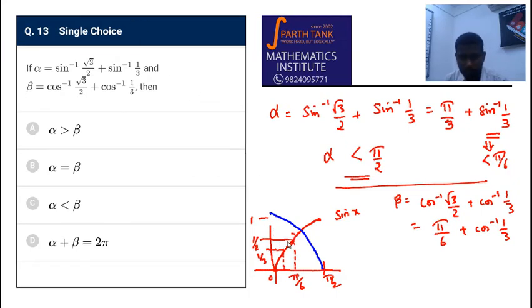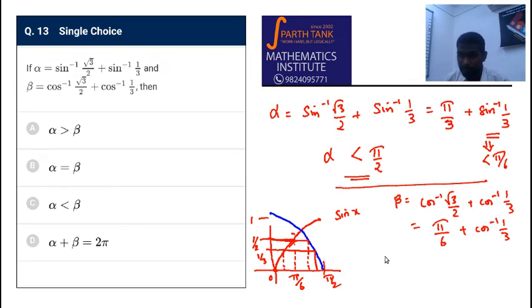Now if I argue the same way with cos x, here I have cos inverse of 1 by 3. Now see, cos inverse of 1 by 2 is pi by 3, right? So cos inverse of 1 by 3 will be greater than pi by 3 because cos is a decreasing function.